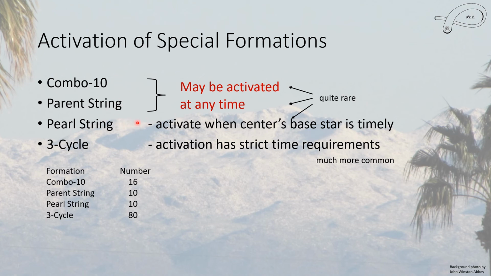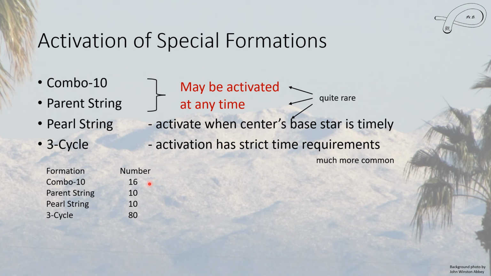These three are quite rare. The 3-cycle formation is a lot more common, but it has some strict time requirements that if you miss the window, you have to wait a long time before you can activate them. Remember, there are 144 different charts.